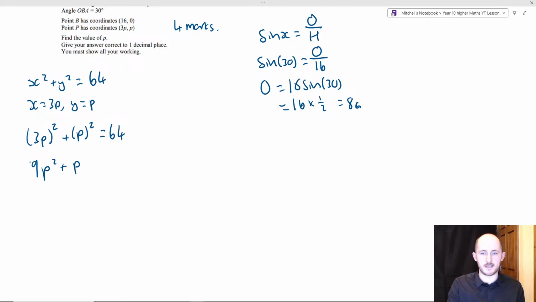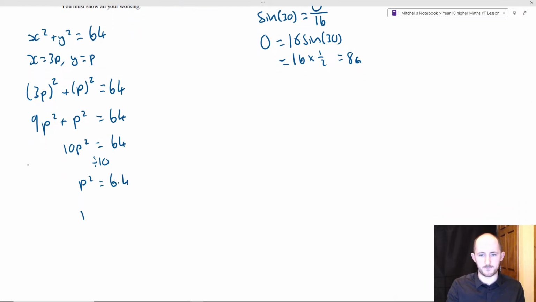And again, remember in an exam, you're prone to making small errors. So that'd be 10p squared equals 64. So divide both sides by 10. We get p squared equals 6.4. And then you need to just square root it. And again, remember, this would technically be plus or minus, so we need to decide if it's going to be positive or negative.